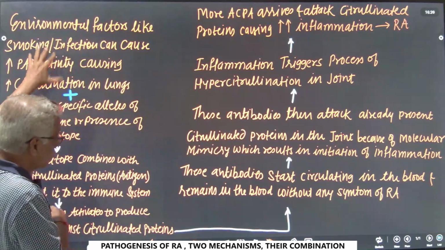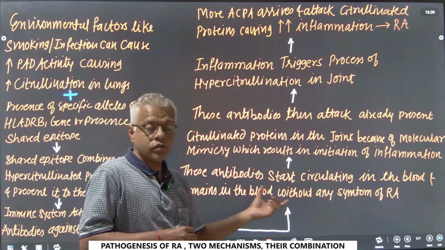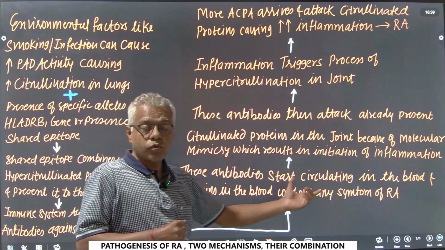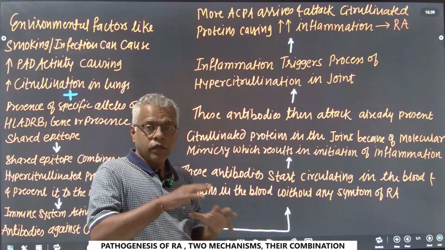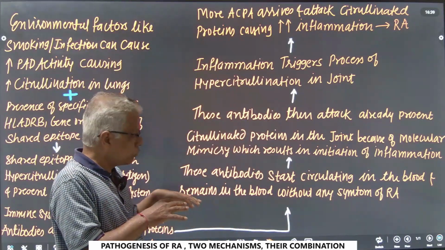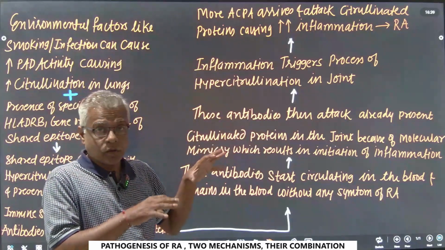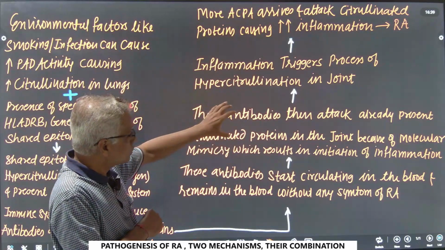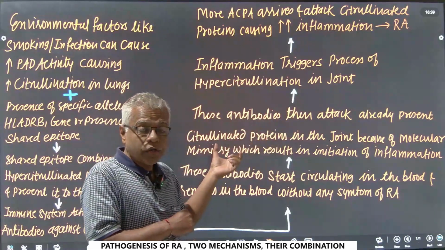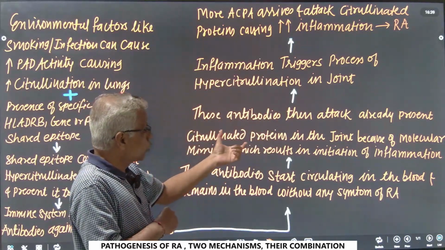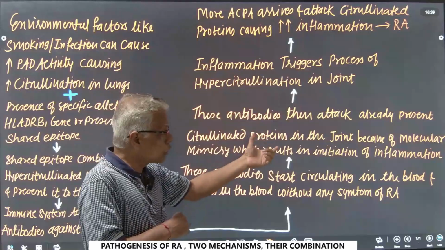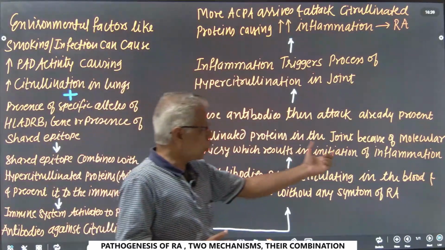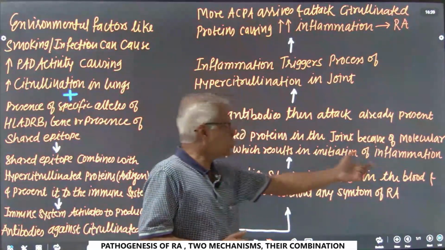So from here to here, the antibodies are circulating in the blood, remaining in the blood without symptoms of the RA. It remains the same as per the first pathogenesis we have seen, and here what is happening is these antibodies then attack the already present citrullinated proteins in the joint because of the molecular mimicry, that is causing initiation of the inflammation.